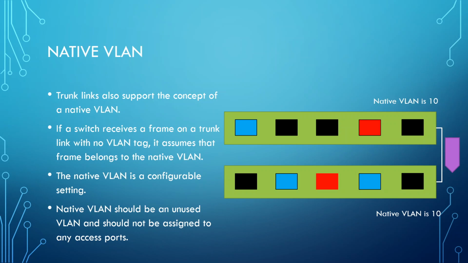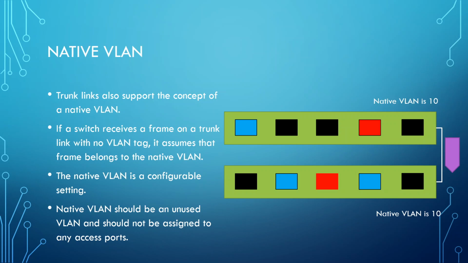We also have the concept of the native VLAN. The native VLAN just tells a switch that if it receives a frame over a trunk link which doesn't have a VLAN tag, to which VLAN this frame belongs. The native VLAN is a feature which is configured on both ends of the trunk link, so on both trunk ports of a Cisco switch.